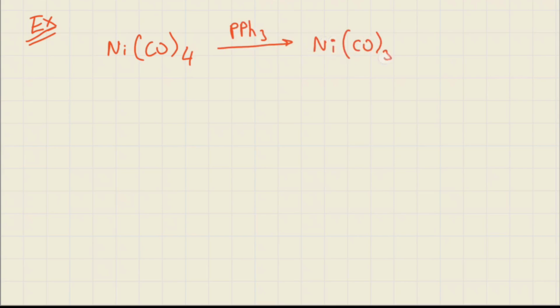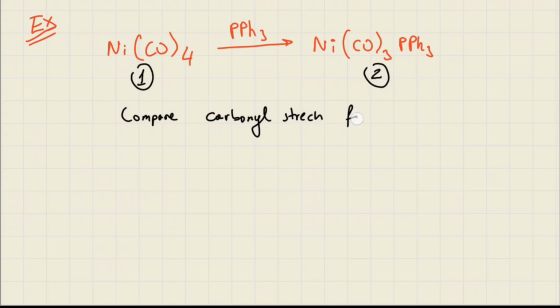So I want to make a very simple example. For instance, we have Ni(CO)4 and we want to add PPh3. Okay. So this reaction is very possible, and I want to compare the CO stretch for complex 1 and 2. This is complex 1 and this is complex 2. What we know. So PPh3 can donate the electrons, so it's a sigma donor.